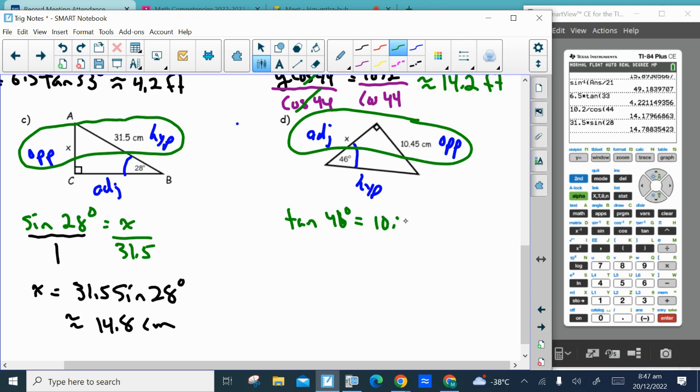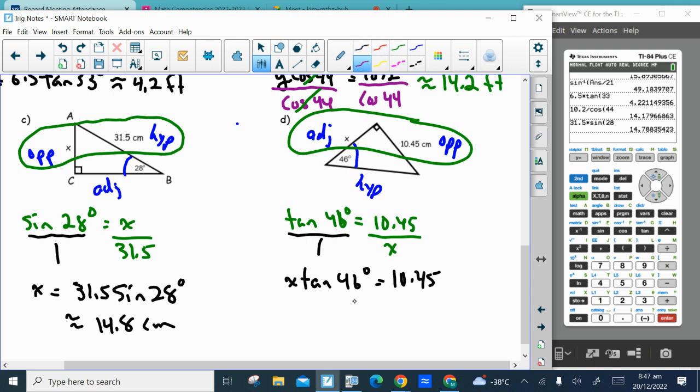TOA tells it is opposite first, adjacent second. Opposite on top, adjacent on the bottom. Must be in that order. Make both sides a fraction, and then you're going to cross multiply. And when you do that, you're going to get x times the tangent of 46 degrees equals 1 times 10.45.